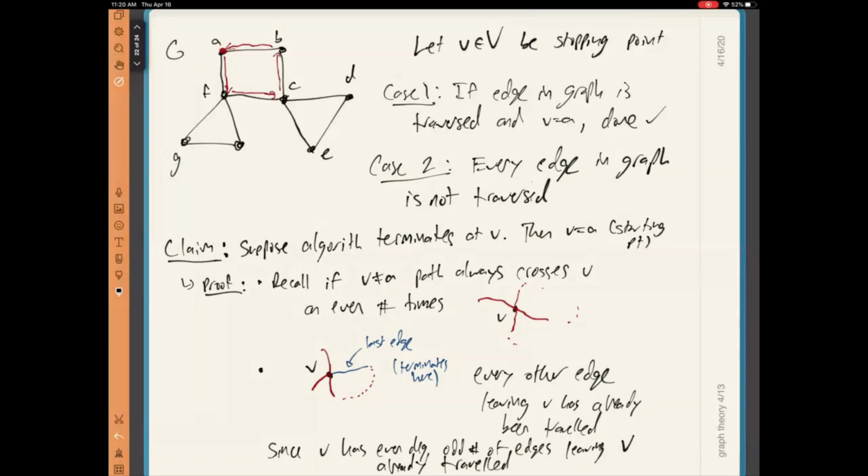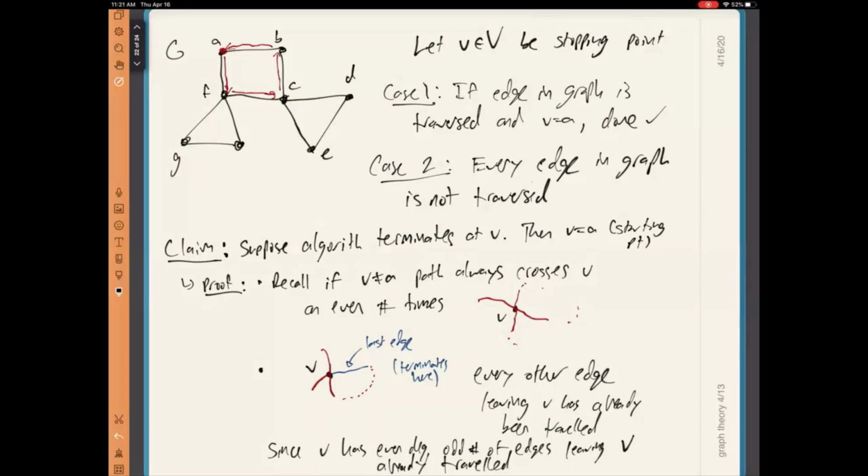there must be an odd number of edges leaving V that were already traveled. Right, because otherwise, imagine deleting the last edge, the edge where the path ends. Since V has even degree, if you delete that edge, there's an odd number of edges left, and therefore there were an odd number of edges leaving V that were already traveled.